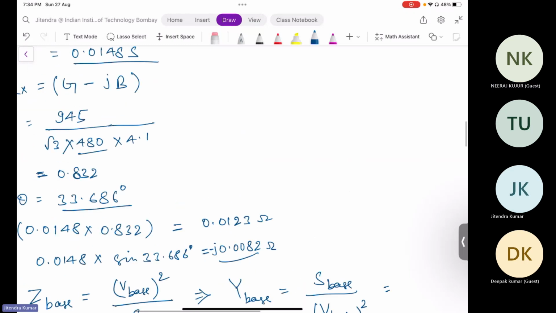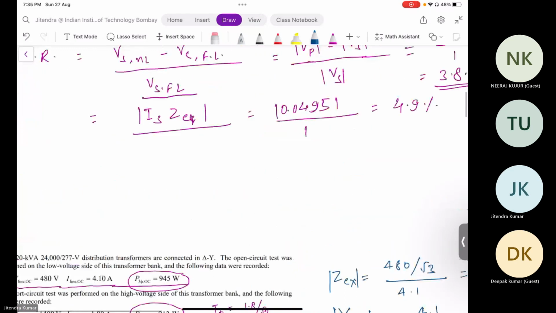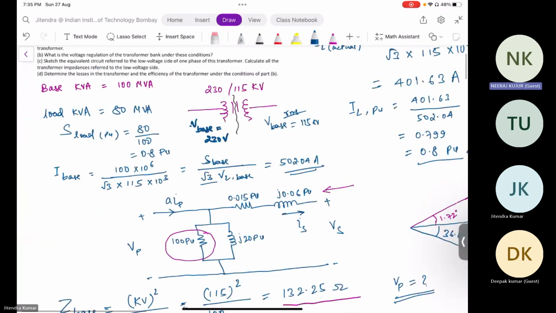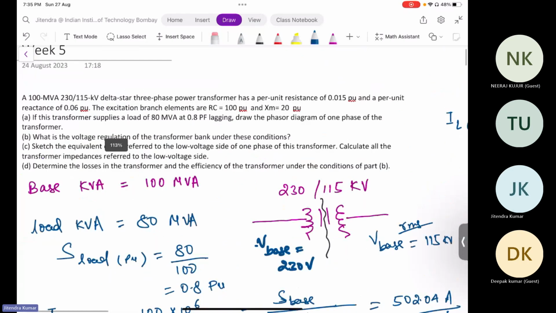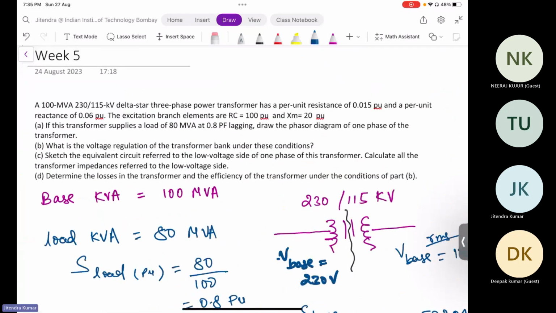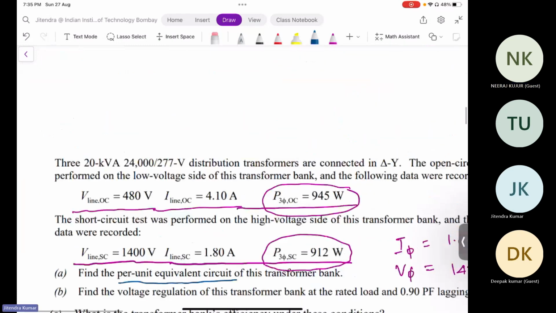We are computing on the delta side, right? No, the star side. We are computing it on the star side. So this voltage is given. Sorry, this is the wrong question, sir.